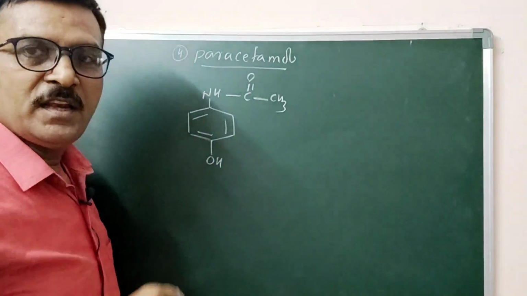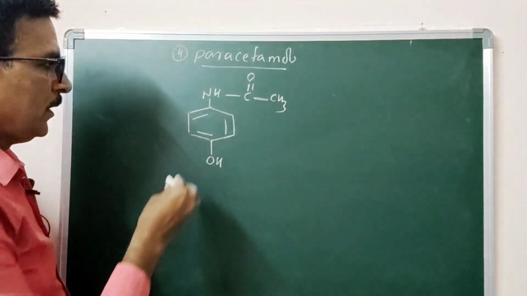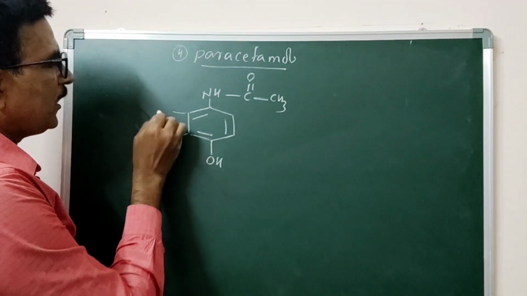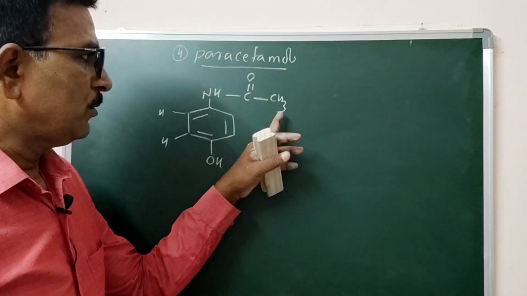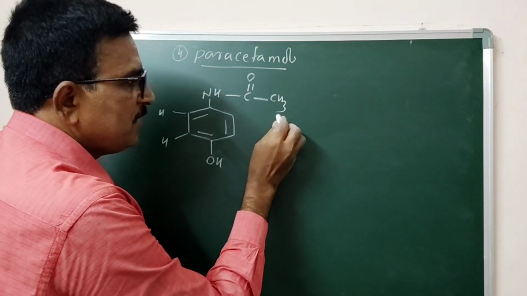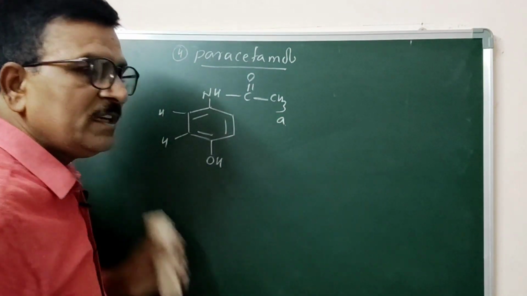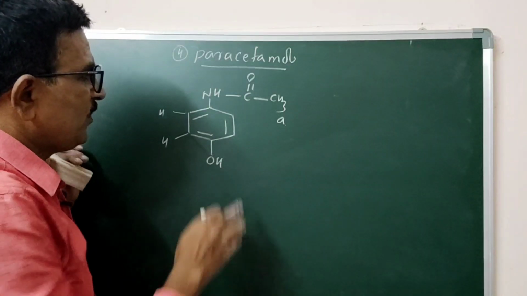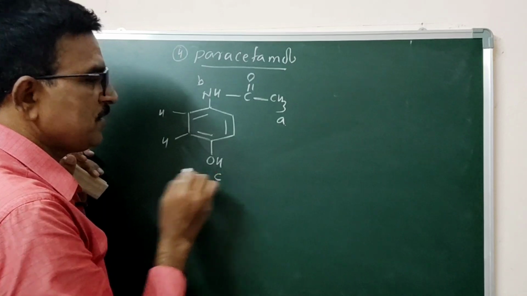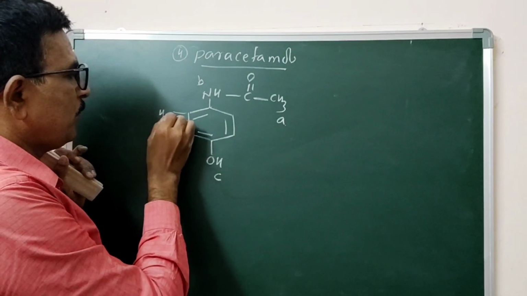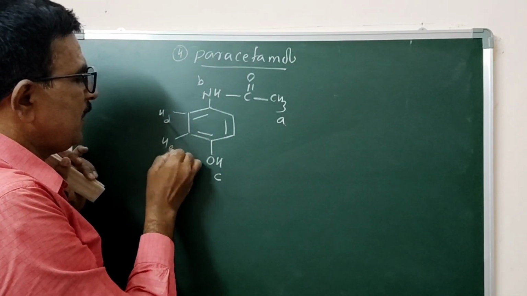At para position there is a hydroxy group. There are aromatic protons. Now designation. This CH3 is to be designated with A, then NH proton B, then OH proton C, then aromatic protons D and E.